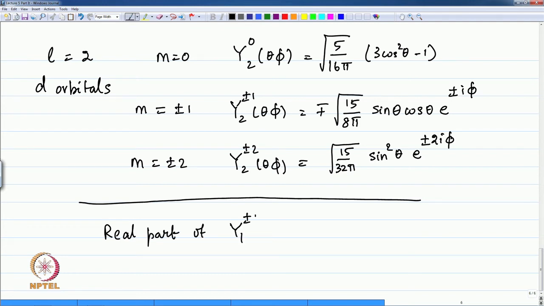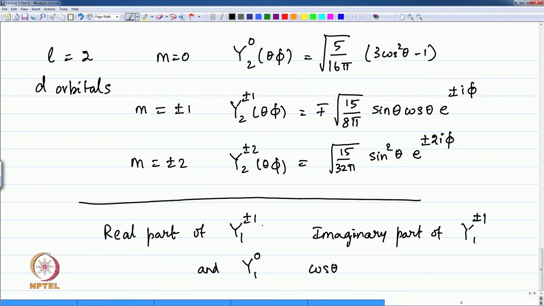Y_1 plus or minus 1 and the imaginary parts of Y_1 plus or minus 1 and the function Y_10, which is real anyway, it is a function of cos theta.